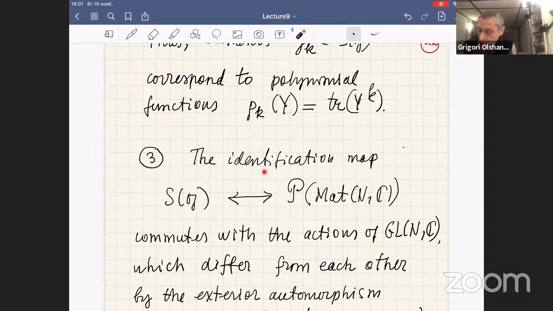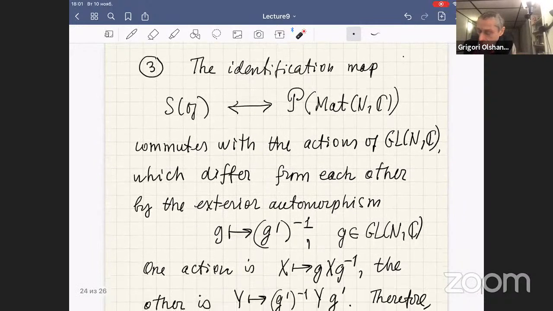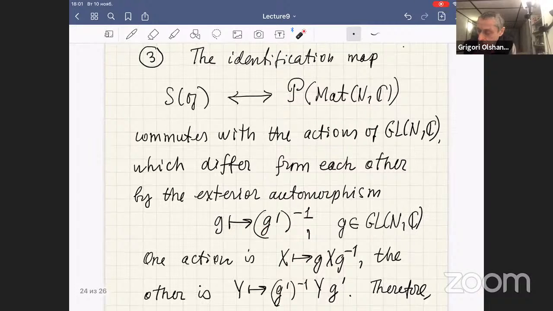The identification map that we just constructed, between this object and this object, commutes with the actions of GL_n, but the actions are slightly different. They differ from each other by the exterior automorphism of this group.